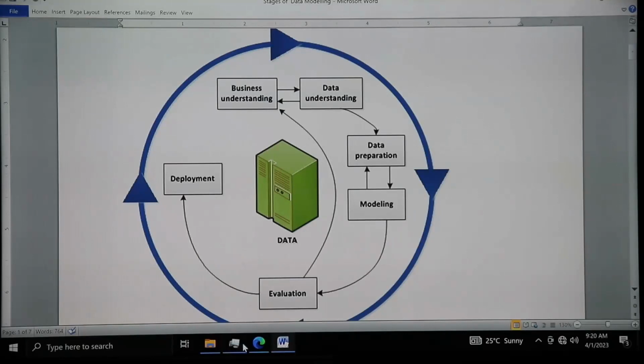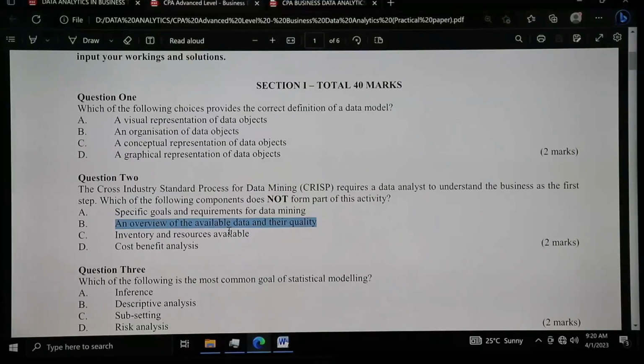Then we can say that is also an activity involved in understanding the business. So the odd one out could be the inventory and resource available. That will be the odd one out.